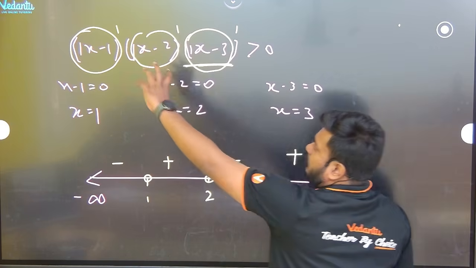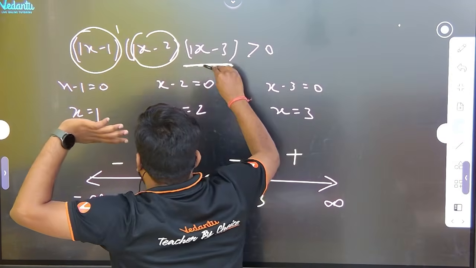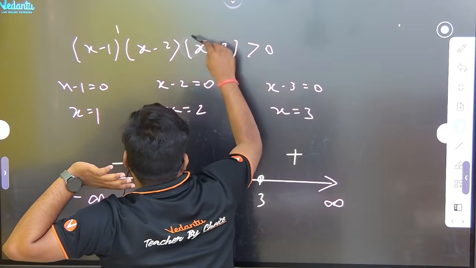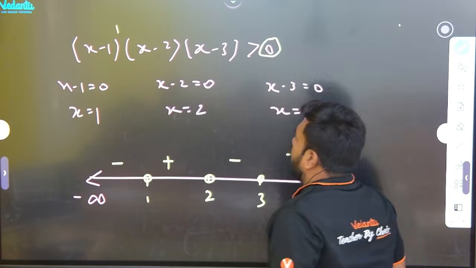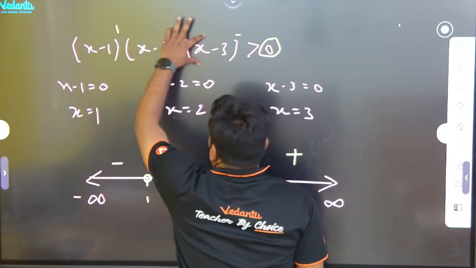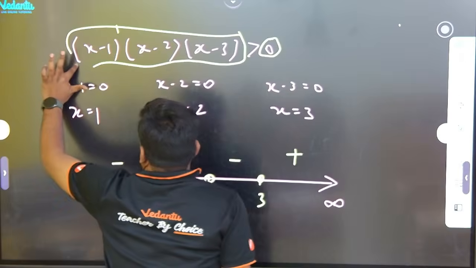The inequality was (x minus 1)(x minus 2)(x minus 3). I am going back to my question. This was my question, and I needed the answer of this inequality to be more than 0. More than 0 means what? Positive or negative? This part should be more than 0. More than 0 means positive.